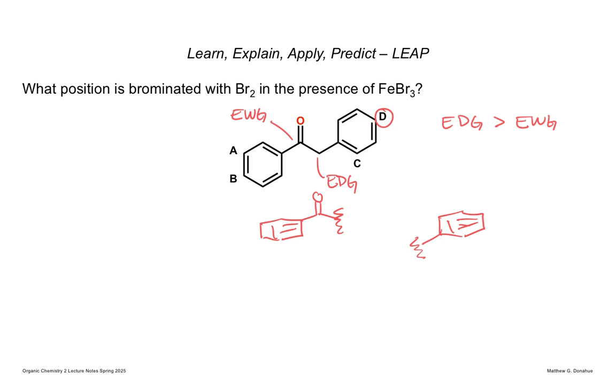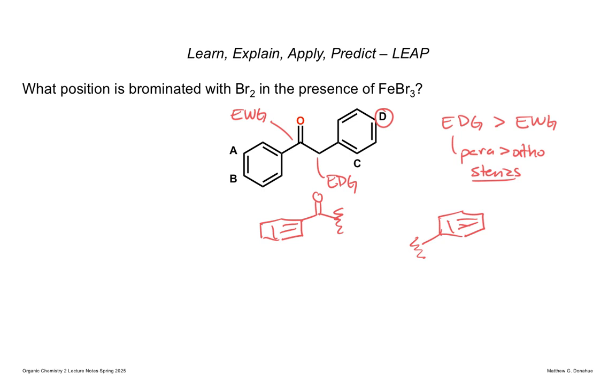You said that the para is preferred over the ortho because of what? So sterics. And essentially what that means, you can imagine bromine like a really big ball.